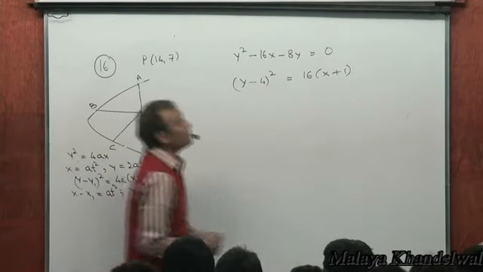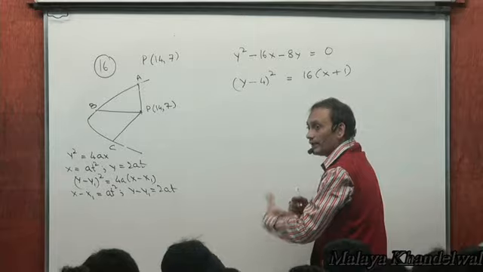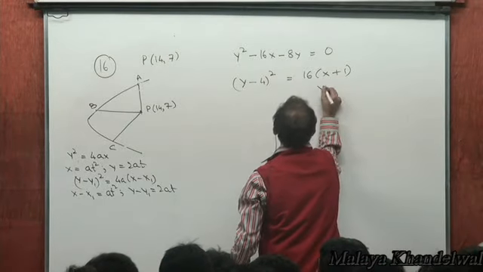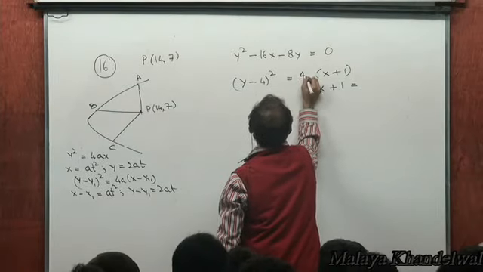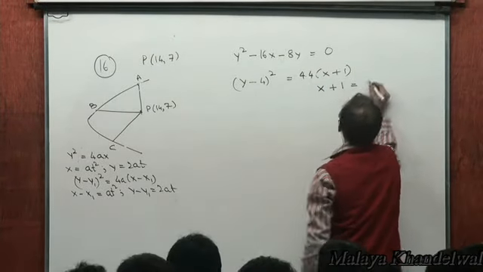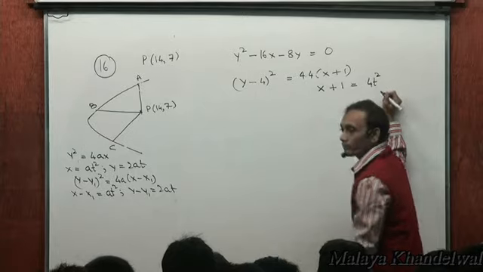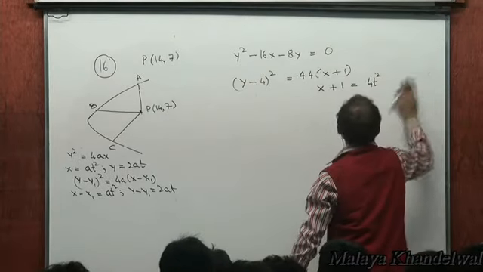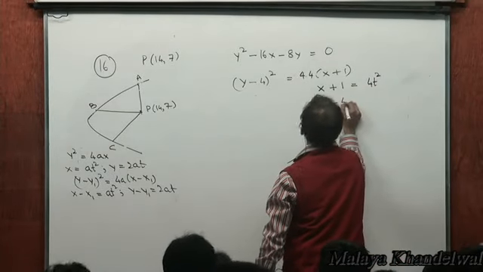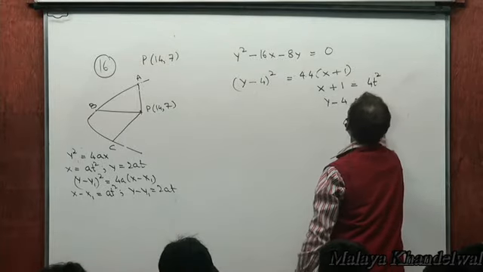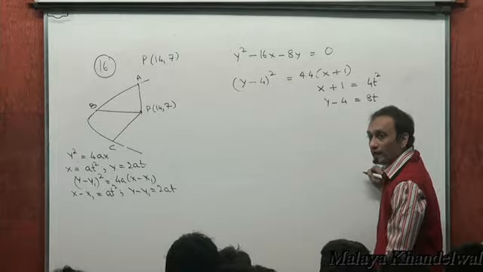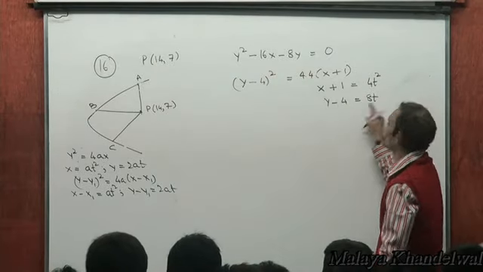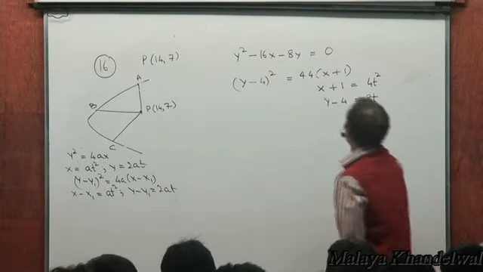any point x comma y on the parabola could be represented as x plus 1 equals at squared. In this case, this is 4a equals 16, so a is 4, so 4t squared, right? And y minus 4 is 2at, which means 8t, right? A is 4 here, so 2at is 8t.